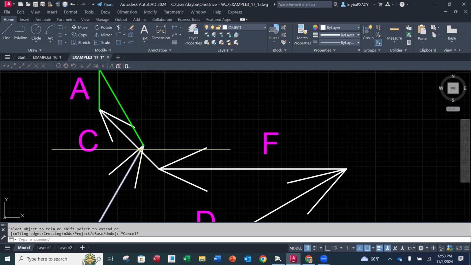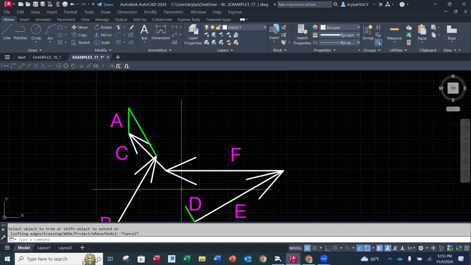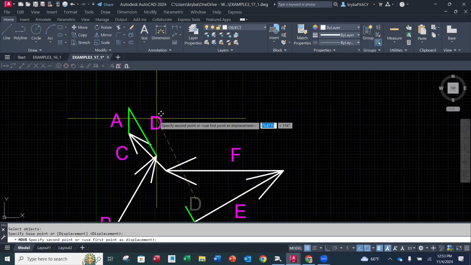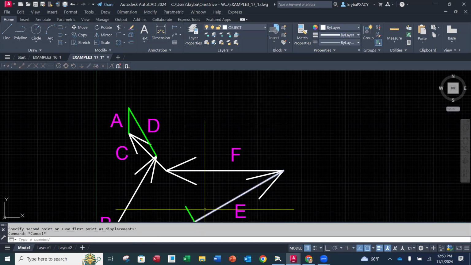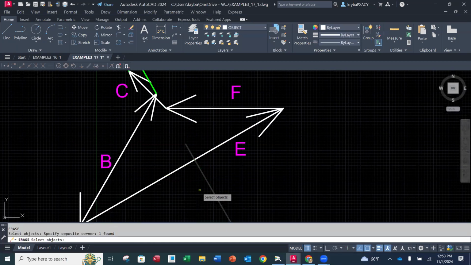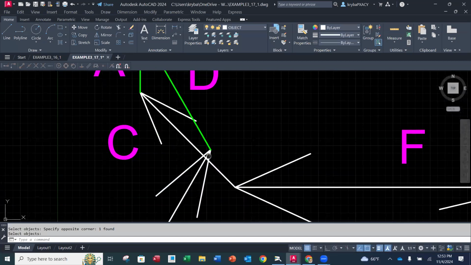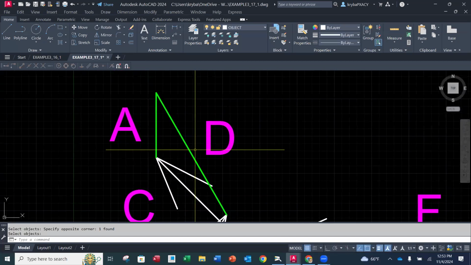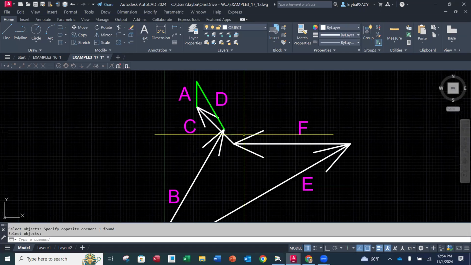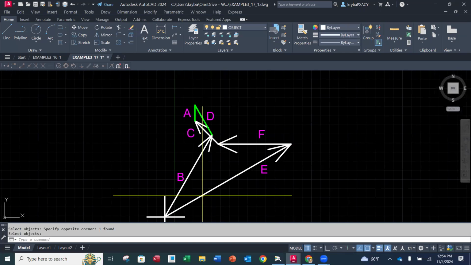And don't worry about those two crossing; the end point of B is where D is going to be. So D is going to be right here. And then I'm going to get rid of part of my extra line. So D goes from the end point of B to the intersection with A. Any questions on that so far?